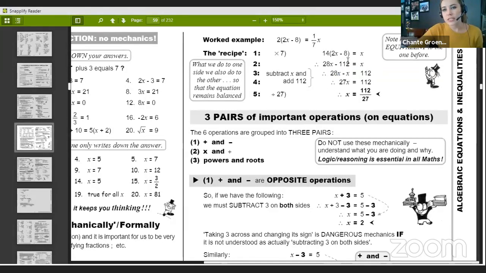Can you see? Because I'm taking this over and I'm taking that one over. So I'm getting one term on this side and the other term on that side. I'm getting all my apples here, which is going to be my x for today. I'm getting all my bananas on this side. That's going to be my normal numbers. Okay, so then I have to get x alone. How do I get x alone?